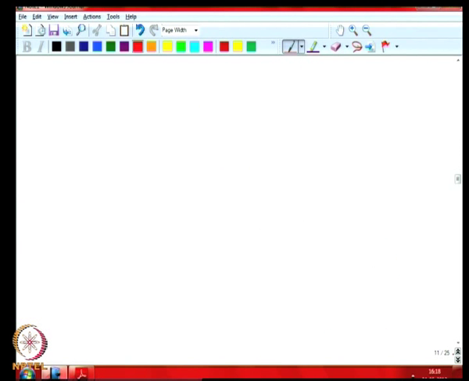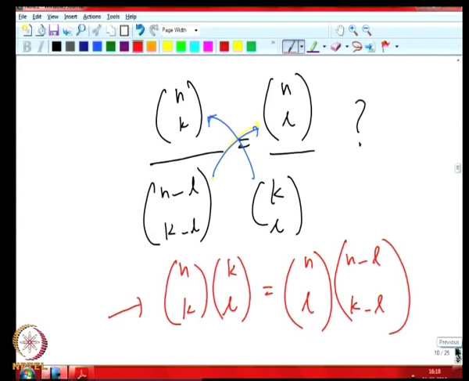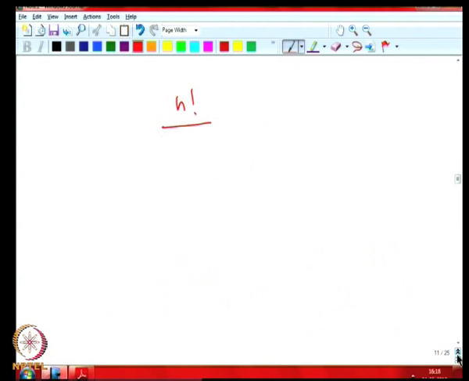Of course, so n factorial divided by, this I am expanding, n choose k into k choose L: n factorial over k factorial into n minus k factorial, and here k choose L is k factorial by L factorial into k minus L factorial on this side.